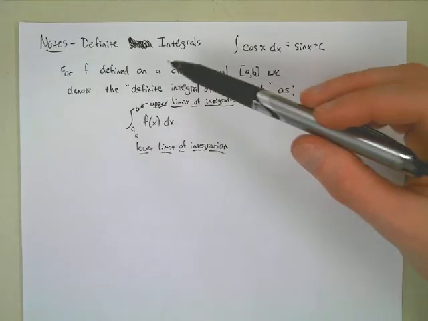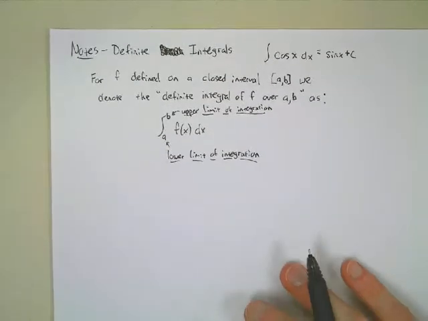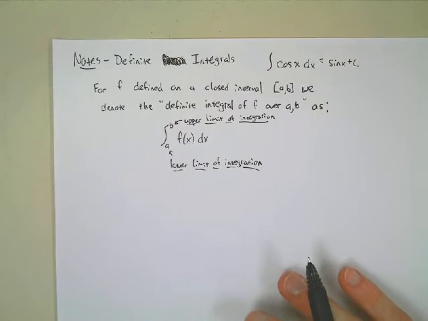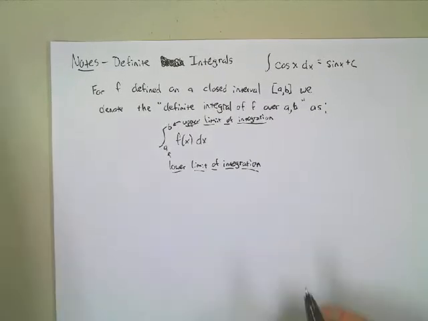Yes? So the words lower and upper don't pertain to the actual values of a and b? Yes, they're lower and upper, but not in the sense of numeric value. Does the first number in the interval always go on the bottom and the second number always go on top?